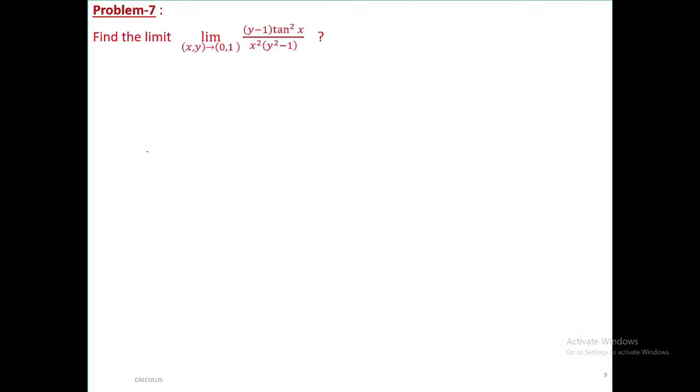Find the limit as x comma y is reaching to 0 comma 1 of y minus 1 into tan square x divided by x square into y square minus 1.